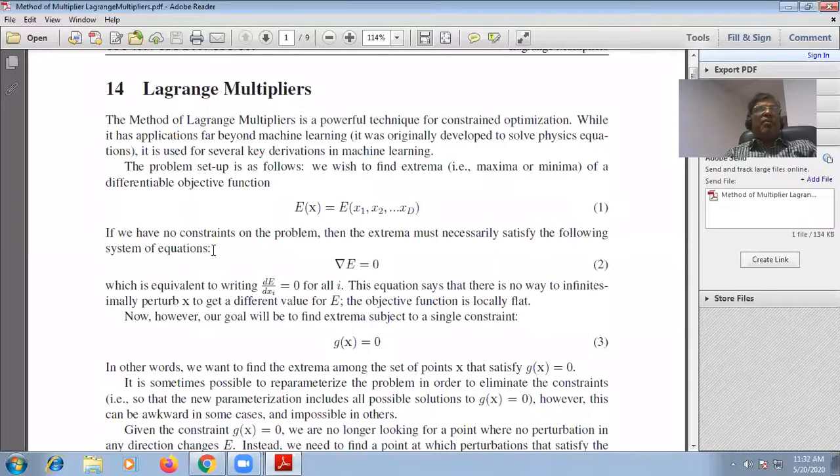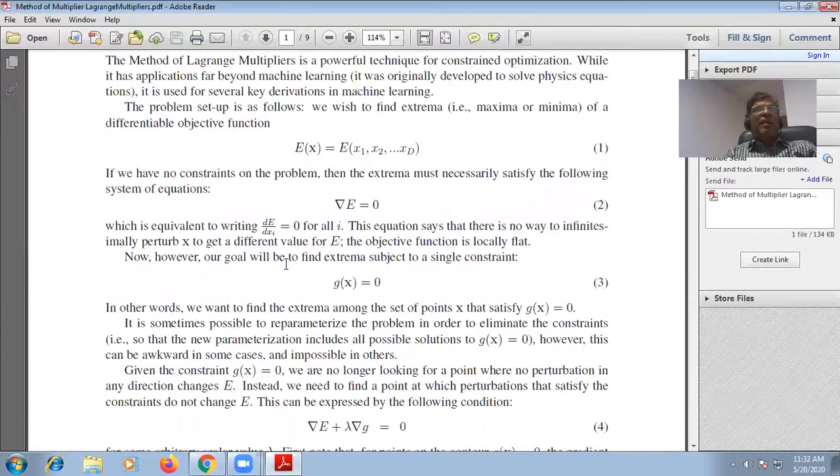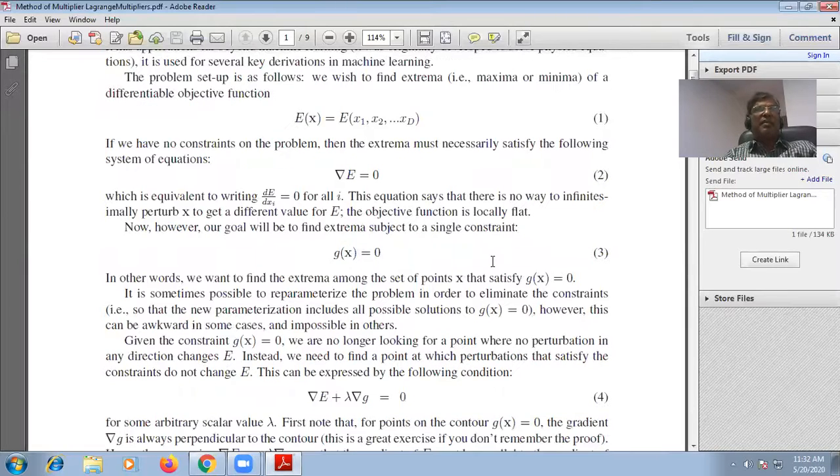If we have no constraint on the problem, then the extrema must necessarily satisfy the system of equations: partial differentiation is equal to 0, which is equivalent to writing d E by d xi is equal to 0. Again, you can take here g(x) is equal to 0, subject to the single constraint.